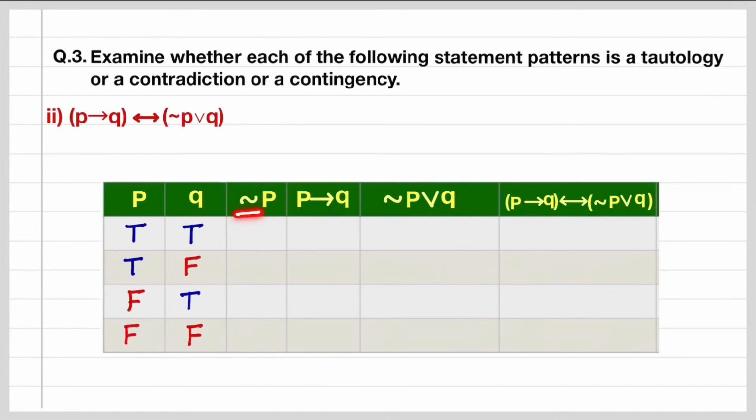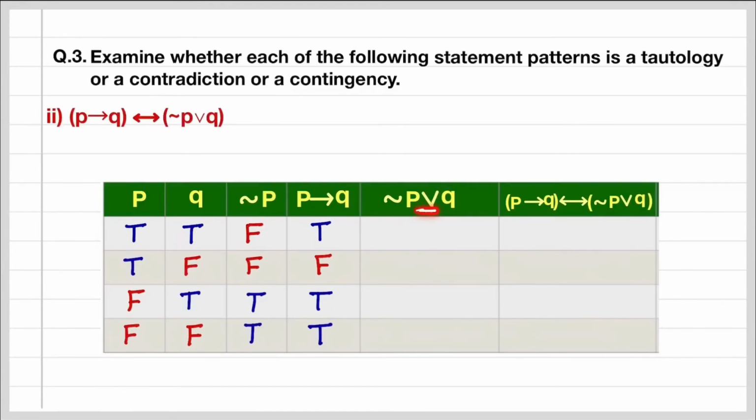Now negation of P. When a statement is true, its negation is false, and when a statement is false, its negation is true. Now implication. When the first statement is true and the second statement is false, its implication is false, otherwise it is true. That means the second entry is false and all other entries are true.